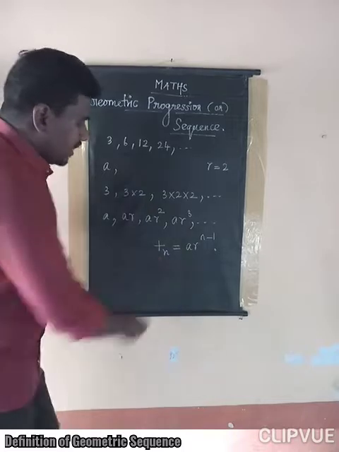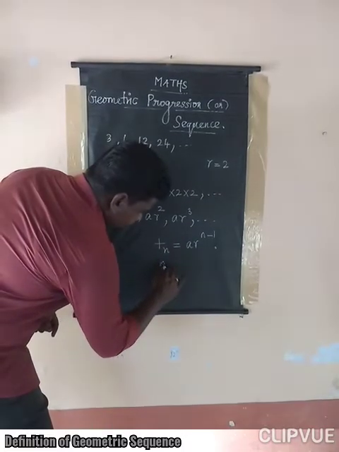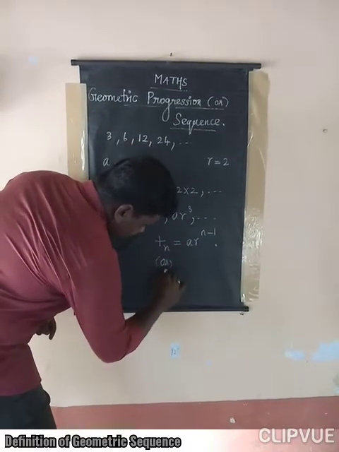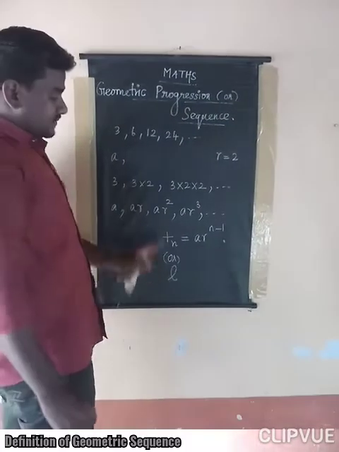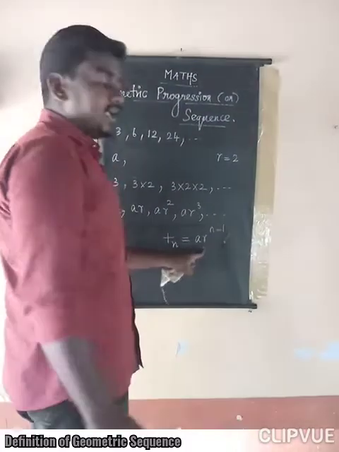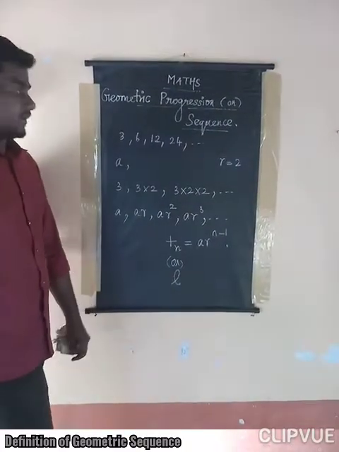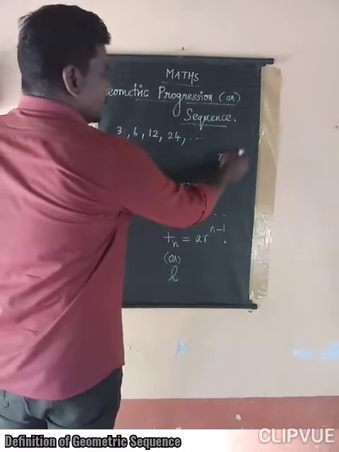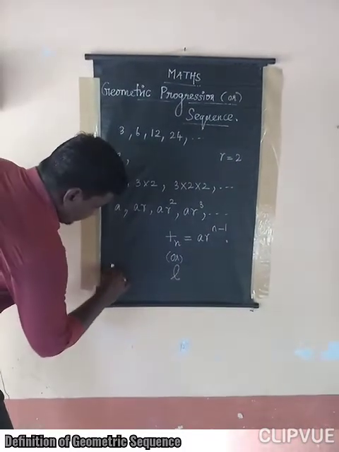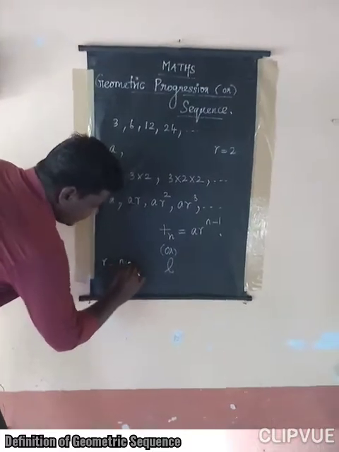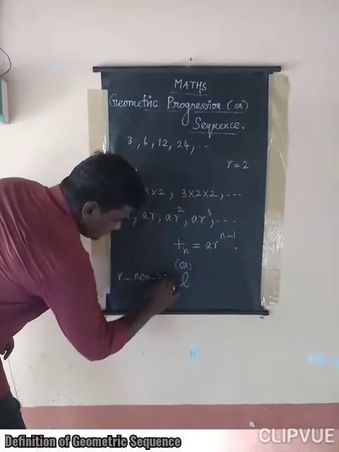The nth term or last term of this geometric sequence is AR power n minus 1. And the common ratio R should be a non-zero constant.